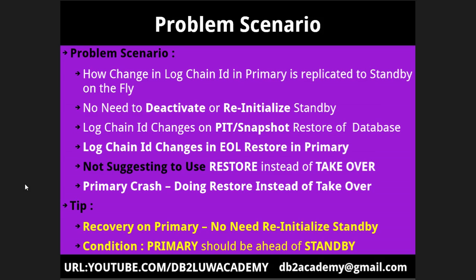And the log chain ID also changes if you do an end of logs restore in the primary. For example, if you take a primary database that is up and running, you deactivate the primary, restore from a backup image, and you typically roll forward to end of logs. Even if you do that, the log chain ID changes.